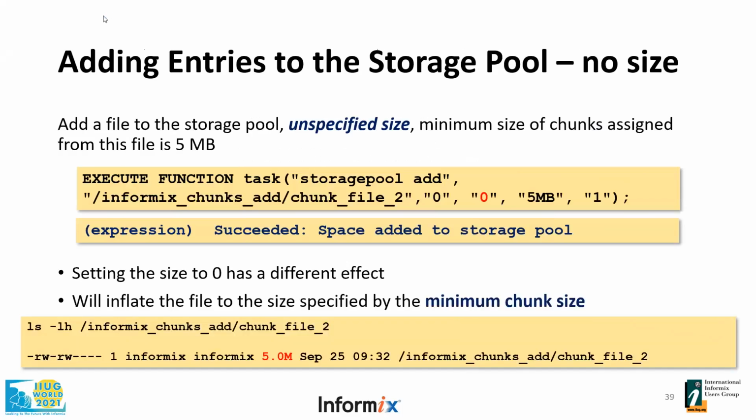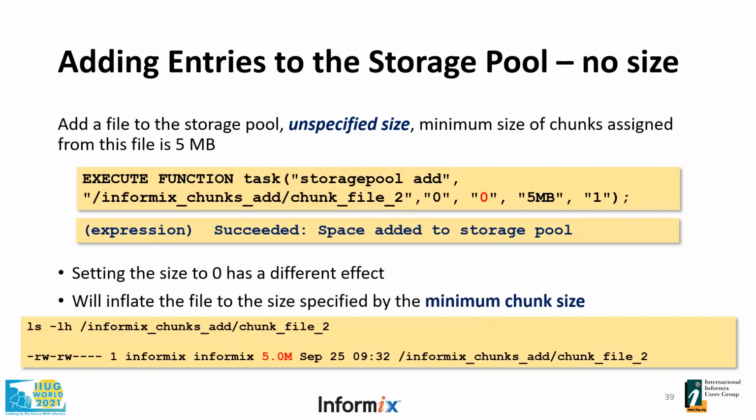Okay, so carrying on with adding entries to the storage pool. In that last example, I said the maximum file size is 10 meg, and that'll be enforced. I can also add an entry to the storage pool and not give it a size. Here I'm saying the size is 0, but the minimum size of any chunk created from chunk file 2, this entry here, must be at least 5 meg.